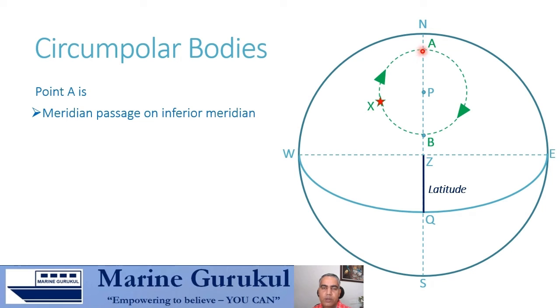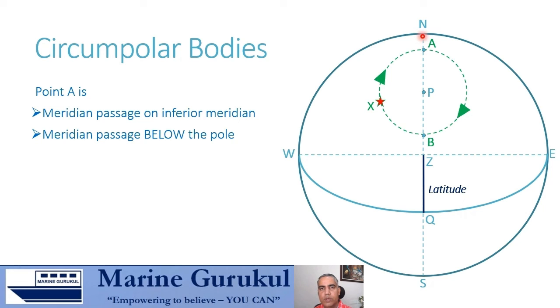Now point A is known as the meridian passage on the inferior meridian. You can call it the meridian passage of the body on the inferior meridian, or you can also call it meridian passage below the pole. Why do we call it meridian passage below the pole? That can be seen easily from this diagram. We know N to P is the elevation or altitude of the pole.